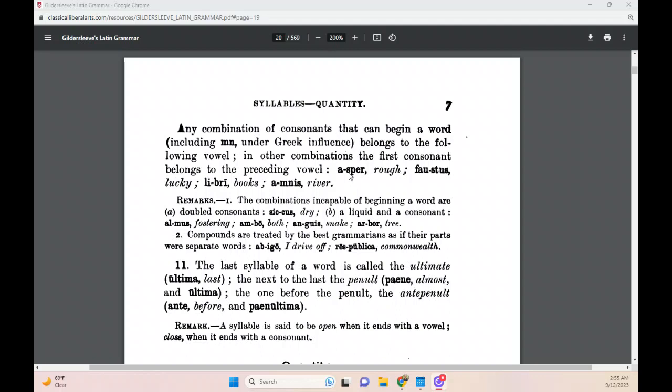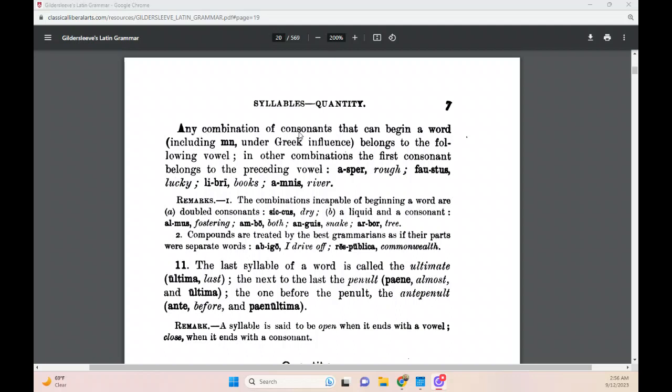But because these two consonants are an example of two consonants that can begin a word, they both stay together and begin the second syllable. So we don't divide them in the middle. We keep them together and they begin the second syllable because they're two consonant sounds that can begin a word together. All right, that's what this rule means.